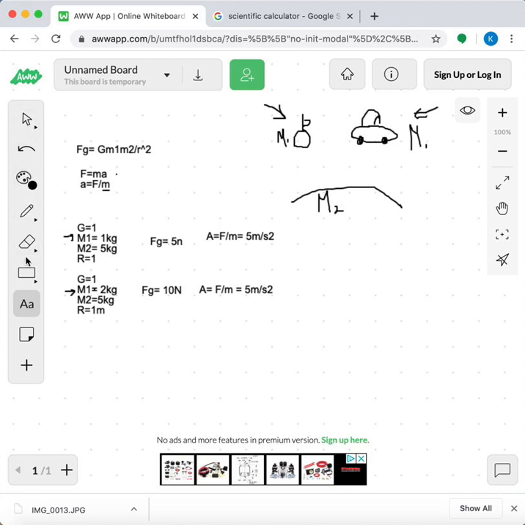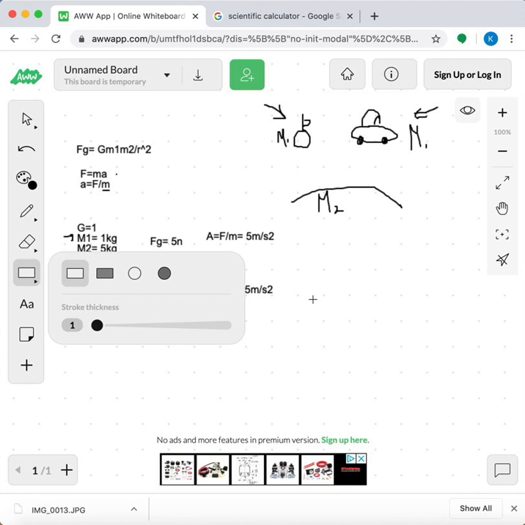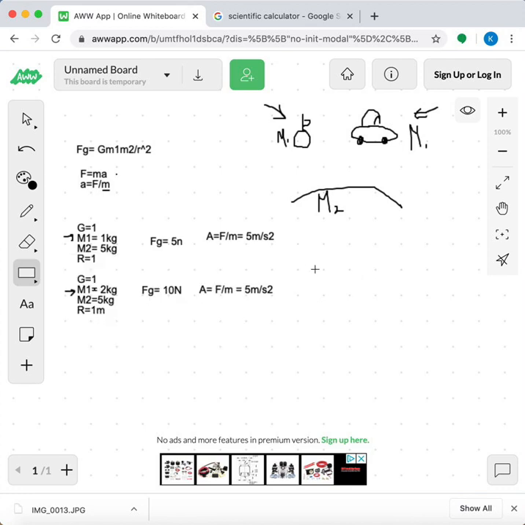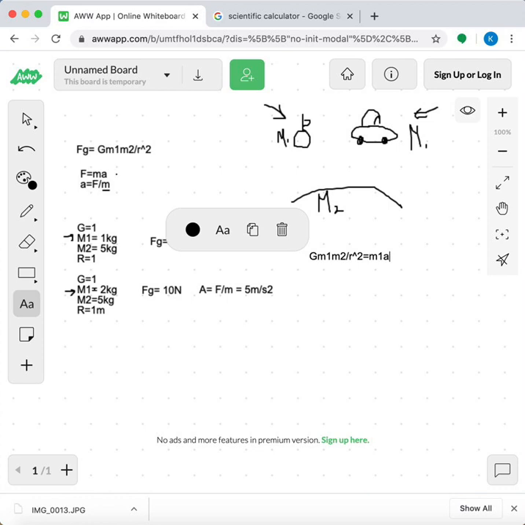This also makes sense if I start to substitute in some of those values into that force equals mass times acceleration, right? There's two ways that I can look at that one. The first one is by substituting the force of gravity in between all objects, right? So the force of gravity is going to be equal to G times the mass of the first object times the mass of the second divided by radius squared, which is going to be equal to mass times acceleration of the first object.